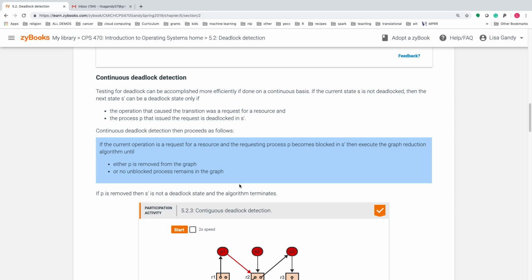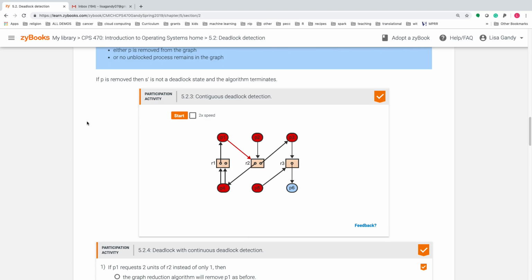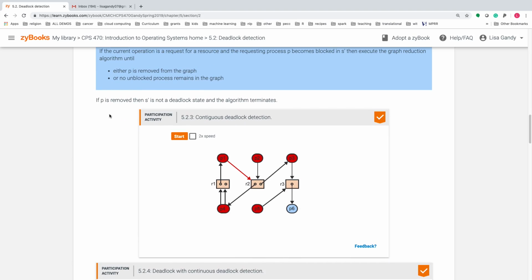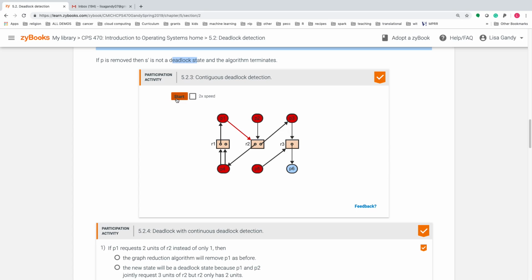If the process making the request can be removed from the graph, then there's no deadlock. Otherwise, there will be. So let's look at an example. If P is removed, the process making the request, then the next state, S prime, is not a deadlock state and the algorithm terminates. Okay, so let's do this.